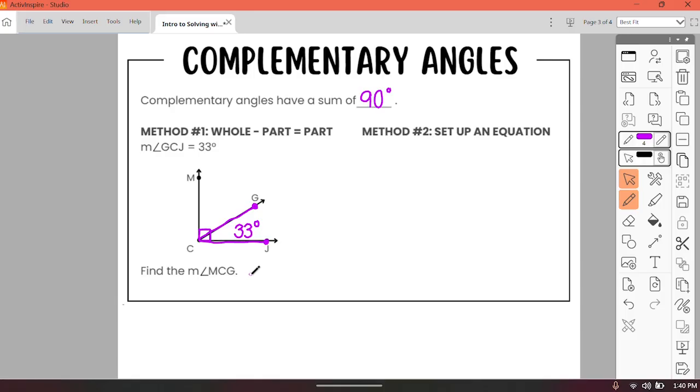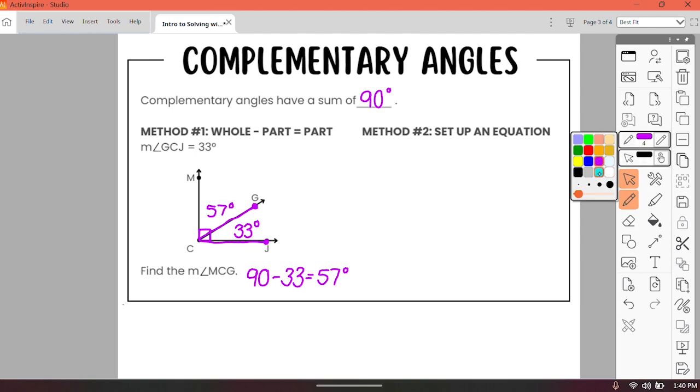So I'm going to put 90, that's my whole amount, and I'm going to subtract the part that I know, and that's going to give me my missing angle measure, which is 57 degrees. So MCG is 57 degrees.